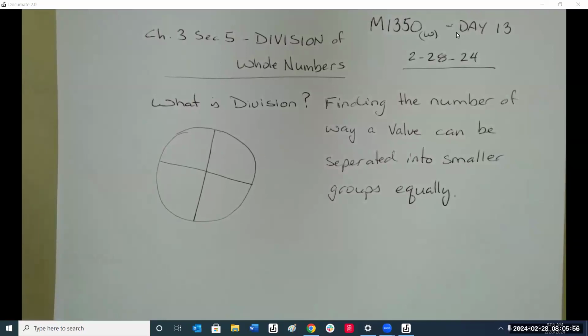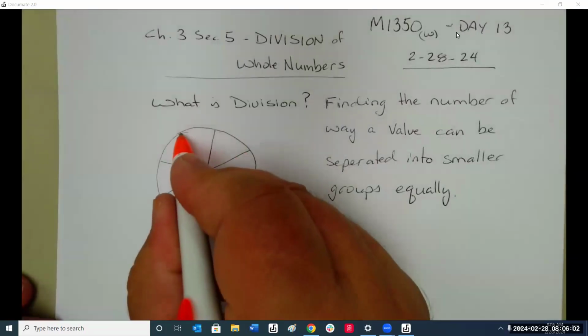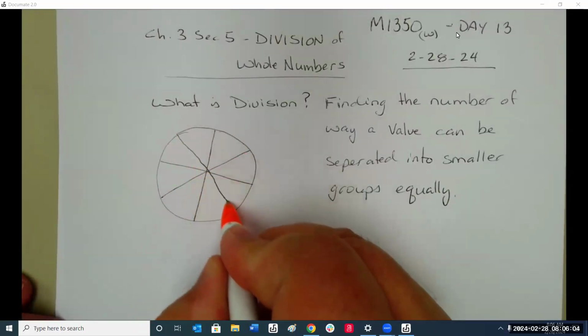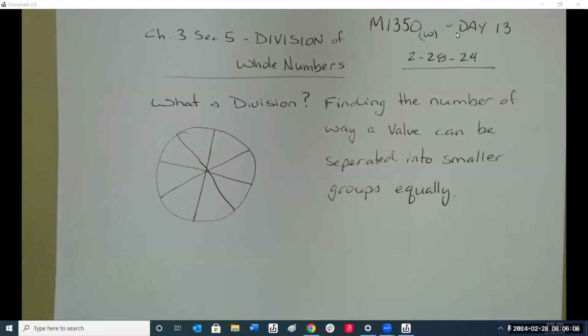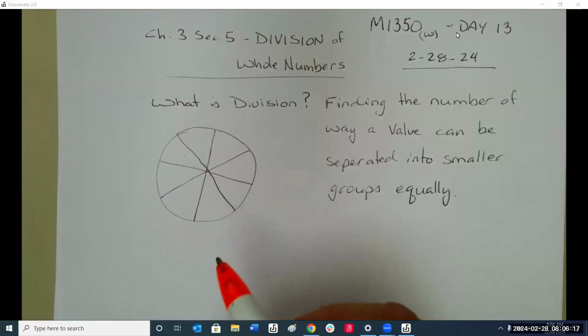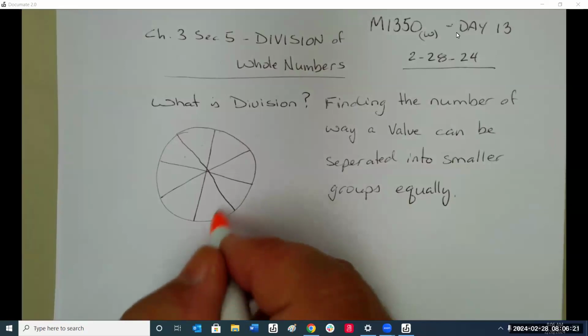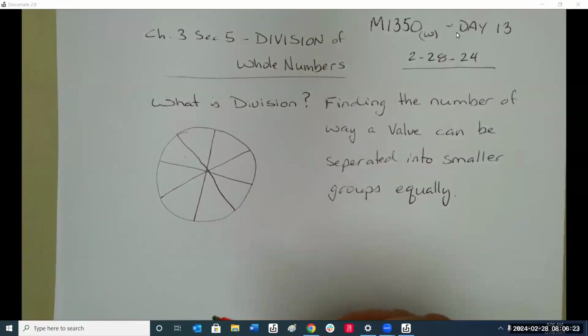You could keep on dividing, keep on cutting these up. Do we have enough now? Well, we have 2, 3, 4, 5. We have 2 extra pieces. We're still back to the problem that we had originally. How do we cut these 2 up so everybody has equally the same amount?